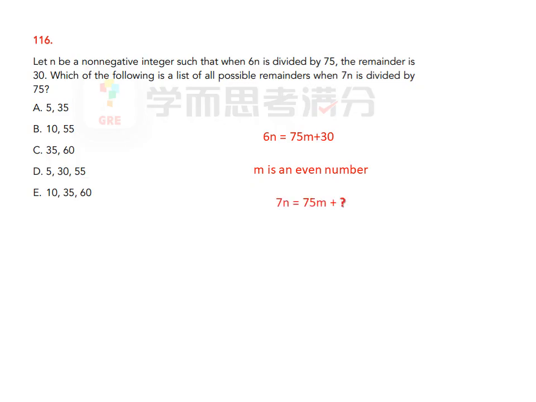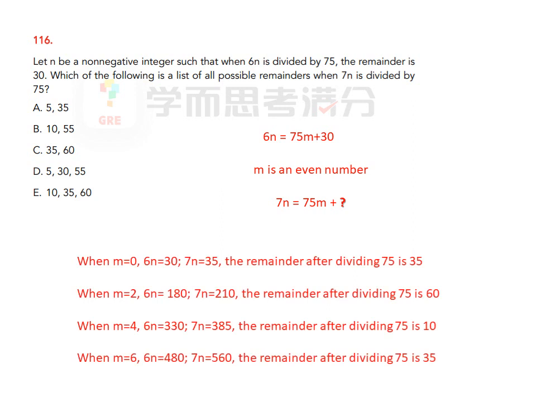So similarly, let us write the second equation. 7n equal to 75m plus what? We don't know the remainder. We are going to find it out. So let us use some numbers. When m is 0, 6n equal to 30 and 7n equal to 35. How have we found 7n? n equal to 30 by 6, right?